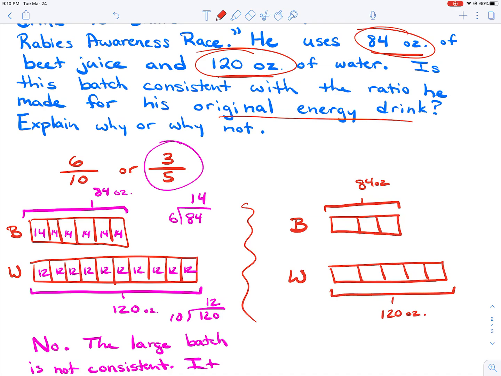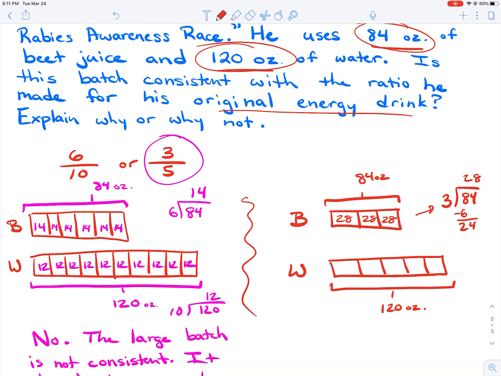To find this, we would do 84 divided by 3. And let's see, 84 divided by 3 is 28. So 28 would go in each box.